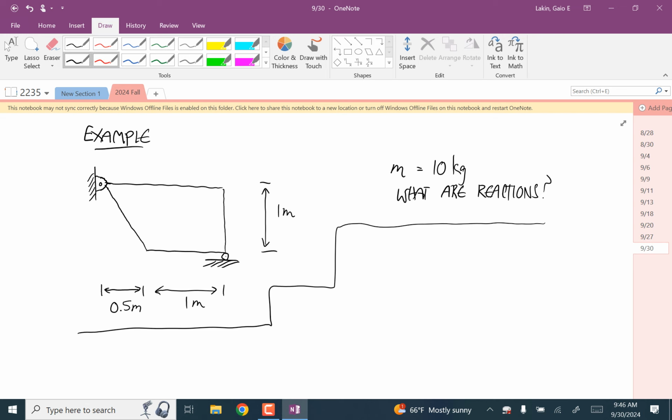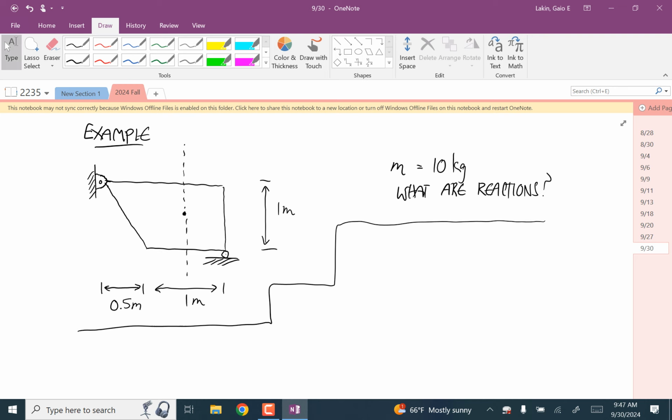So if its centroid is, let's say the centroid is over here somewhere, we could apply that weight force anywhere along that line and it wouldn't change the problem. Okay, so that kind of thing can be a time saver sometimes. But let's just calculate both of them.